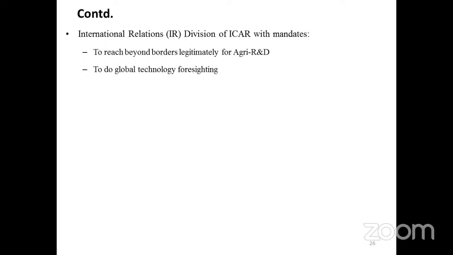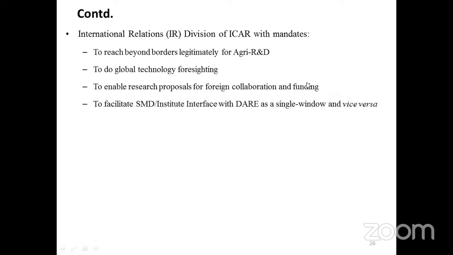And there is a separate division, the International Relations Division in ICAR, with a mandate to go beyond the boundaries of the nation in terms of agriculture research and education. So this was all from my side. I know this was a very small topic.